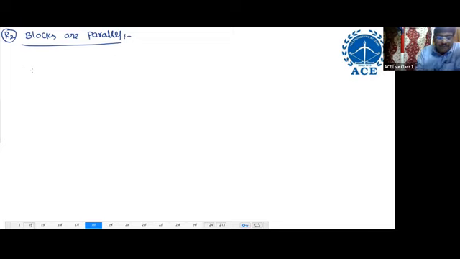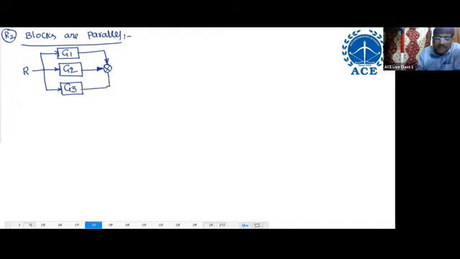For example, R, G1, G2, G3, with a summing point here, plus, minus.